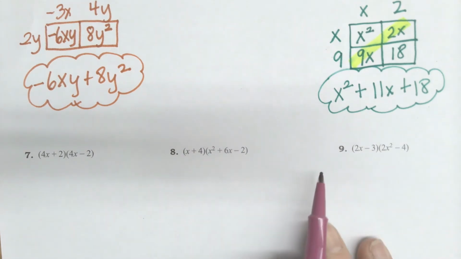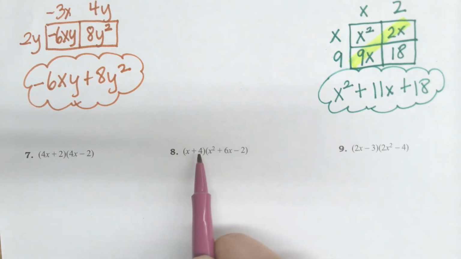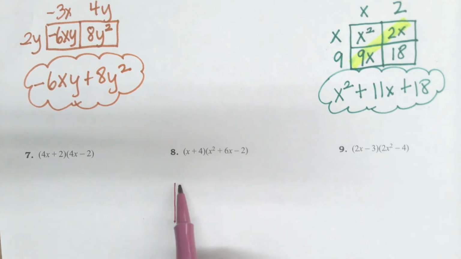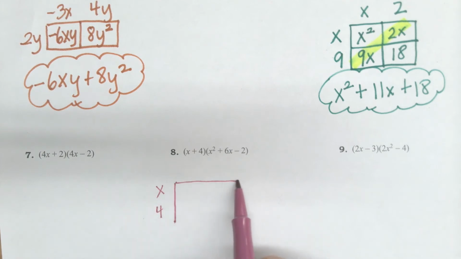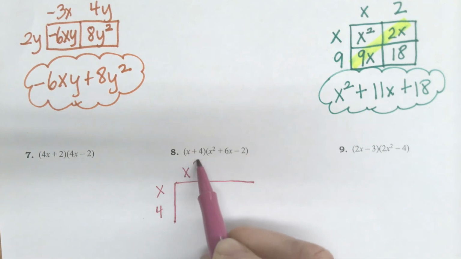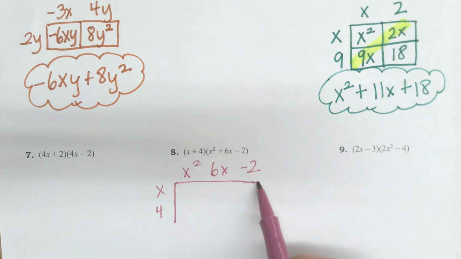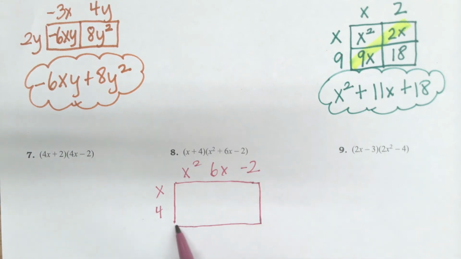In the last one we're doing together, I have to create a 2 by 3. So 2 high, because that's the x plus 4, by 3, because that's the x squared, 6x, negative 2. Keep in mind, minus 2 translates to negative 2. So a 2 by 3.